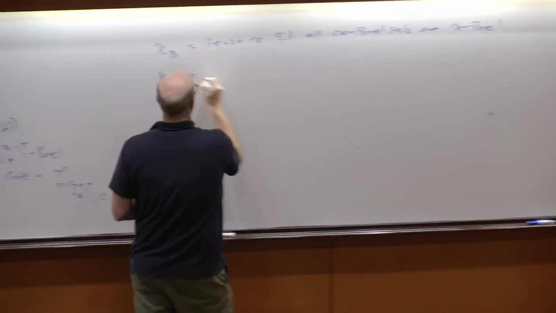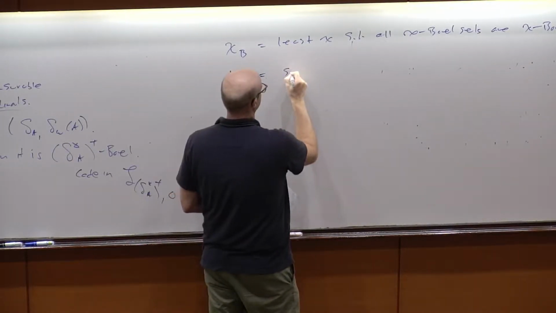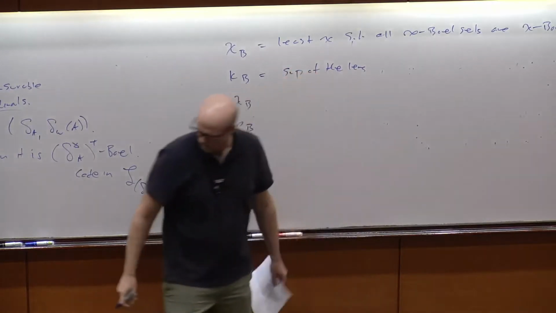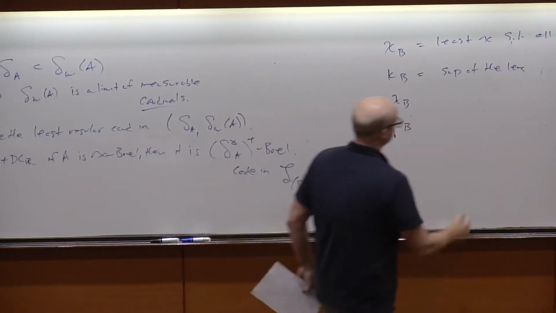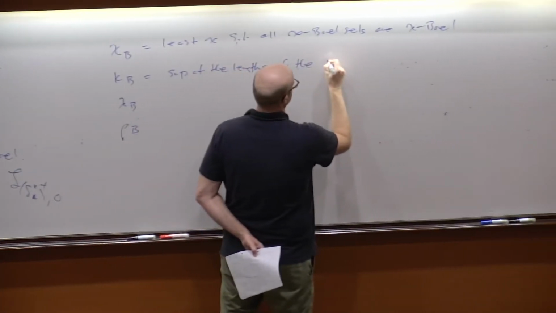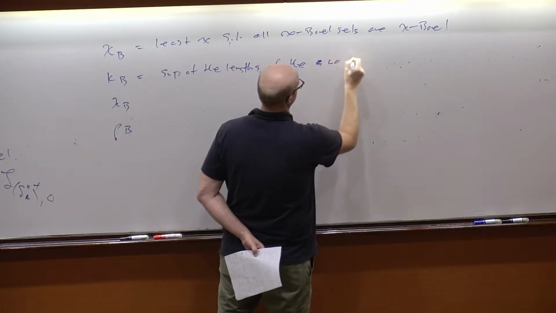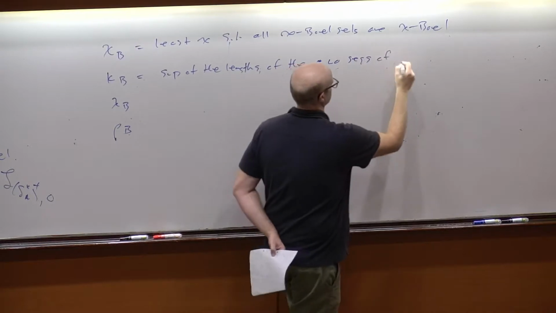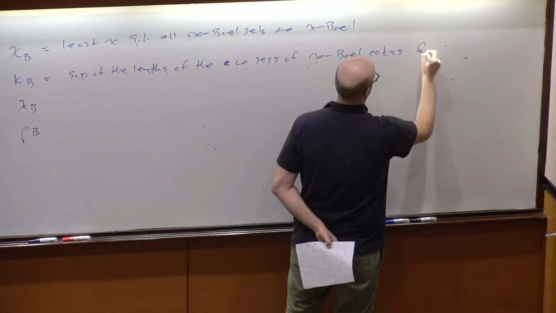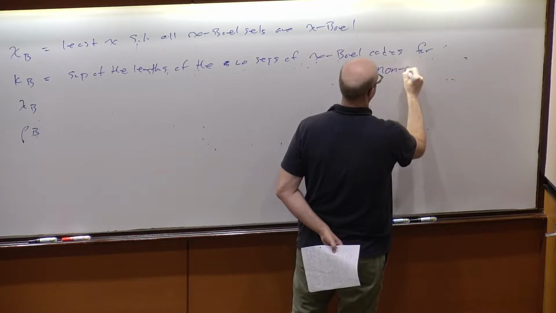Kappa B is the sup of the lengths of the well-ordered sequences of infinity Borel codes for non-empty disjoint sets.